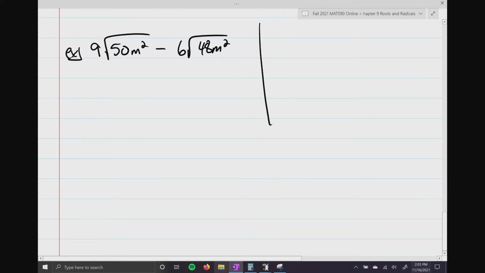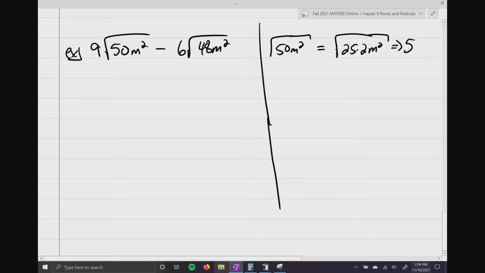We need to simplify the radicals. So we'll do it one at a time. Square root of 50m squared. We know square root of 50 is 25 times 2, m to the second. Square root of 25 is 5. Square root of m squared is m. And you got the square root of 2 left over on the inside.